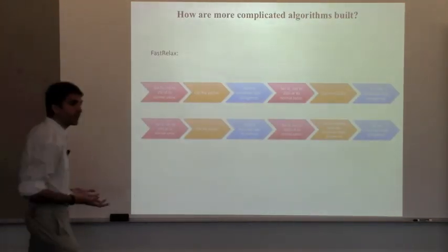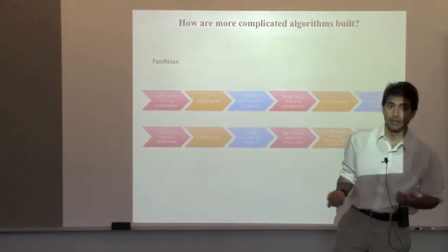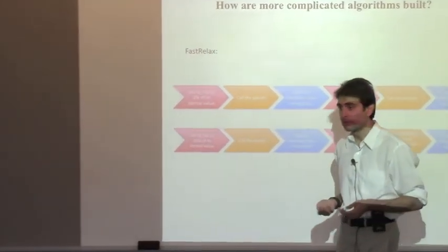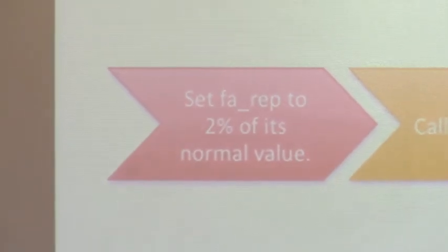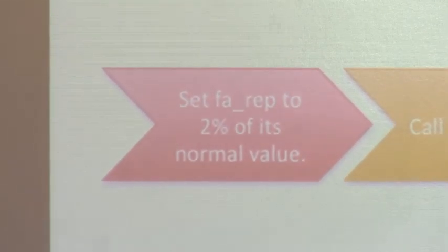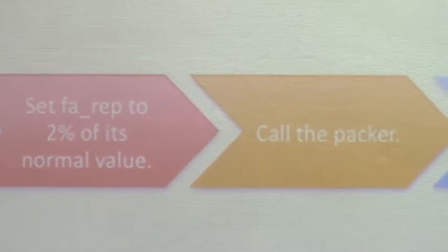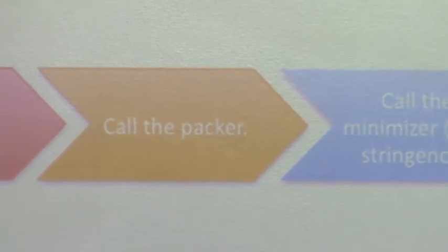Okay, so more complicated algorithms in Rosetta are by and large built up out of the simple ones. As an example, here's the fast relax algorithm, which contrary to its name is not fast, because it's built up out of all these smaller steps which are fast. With fast relax, first I'm going to set the FA repulsive term to a very low value.